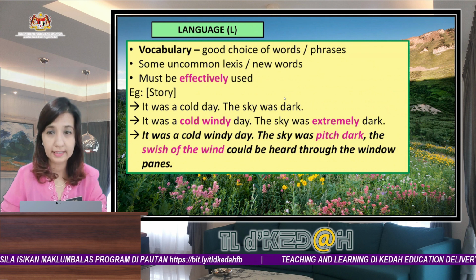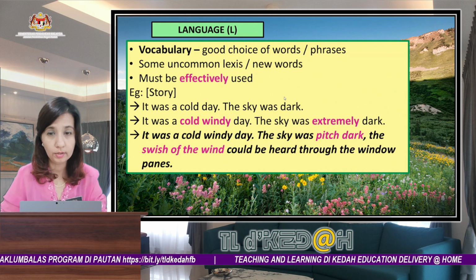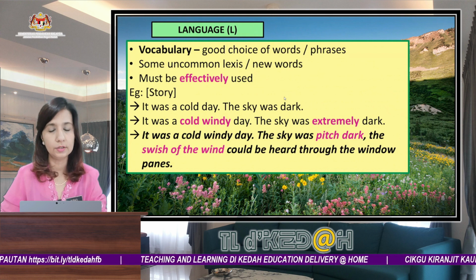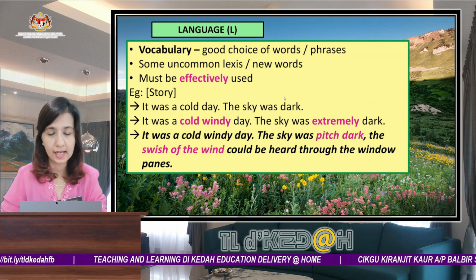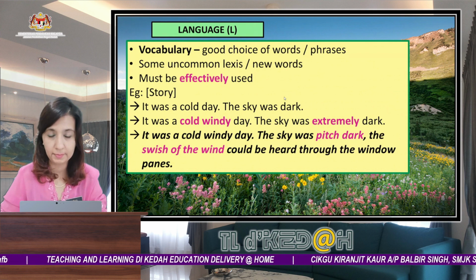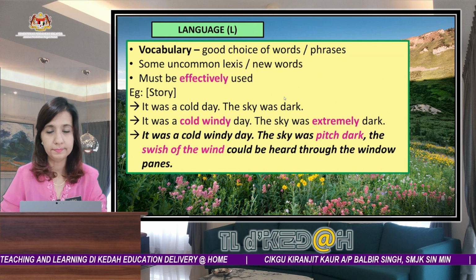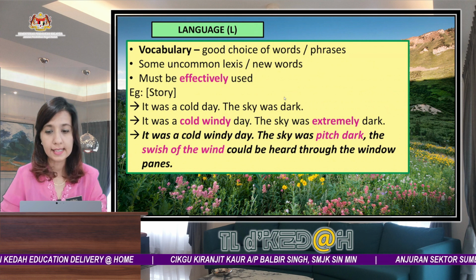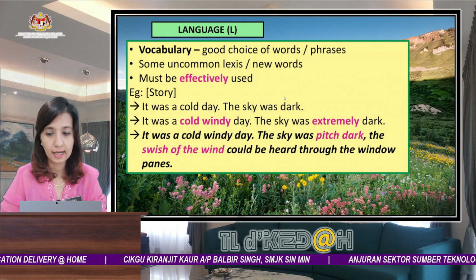It was a cold, windy day. We added something: cold and windy. The sky was extremely dark. So you are showing that it's not just dark, but very dark, extremely dark. And the third one: it was a cold, windy day. The sky was pitch dark.